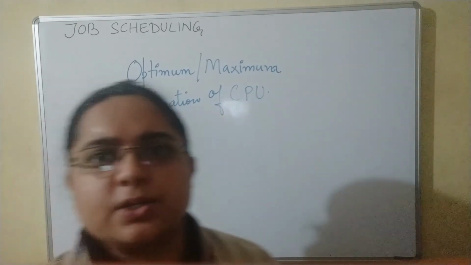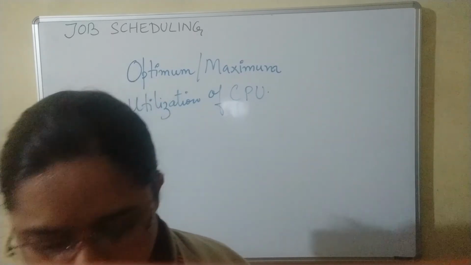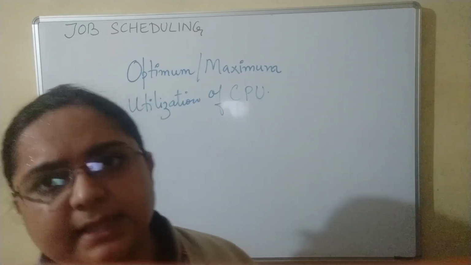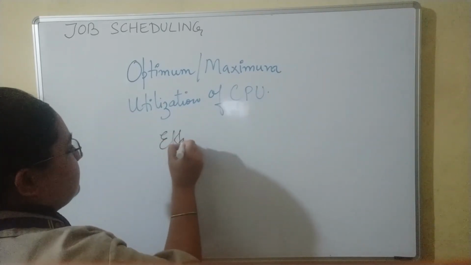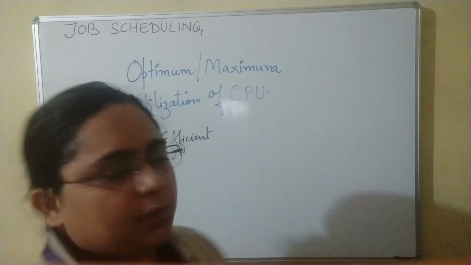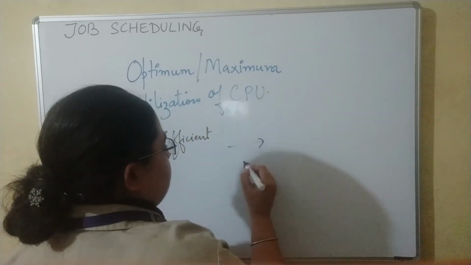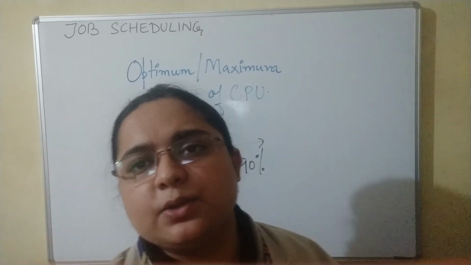Maximum utilization of CPU. This should be our main objective. The operating system which you are using will be considered efficient only when it is able to achieve at least 90% of its utilization.